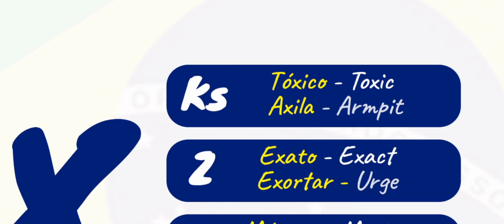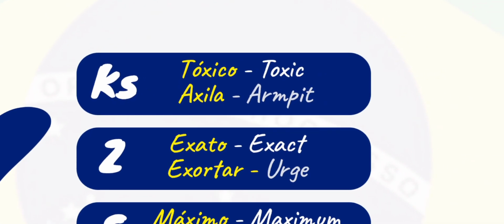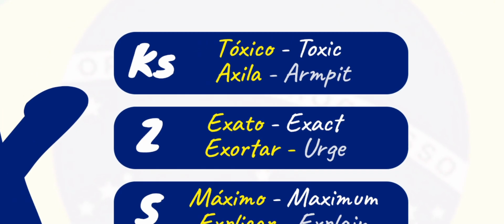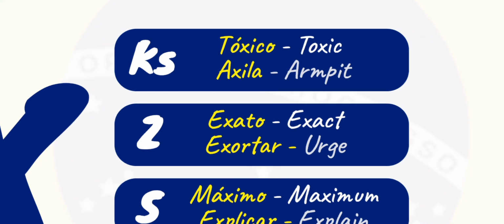Like in the word tóxico, that's toxic. We have axila, armpit. There are a few words that have this sound, so don't worry, you will hardly find them and you get used to it.